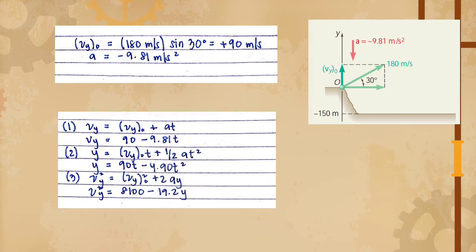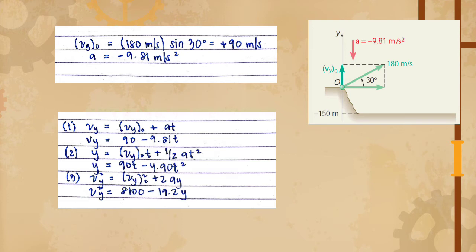Then, substituting into the equations of uniformly accelerated motion, for equation 1, v_y is equal to v_y initial plus a times t, which is equal to 90 minus 9.81 times t. For equation 2, y is equal to v_y initial times t plus 1/2 times a times t squared, which is equal to 90 times t minus 4.90 times t squared.